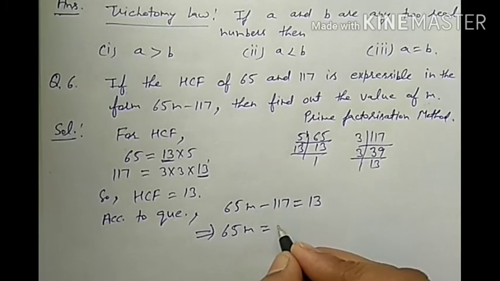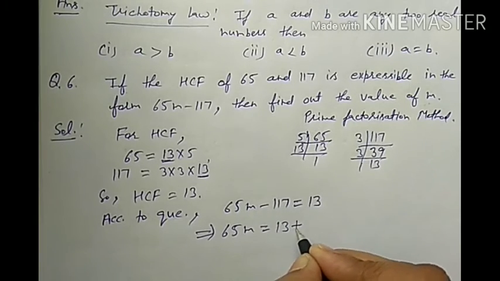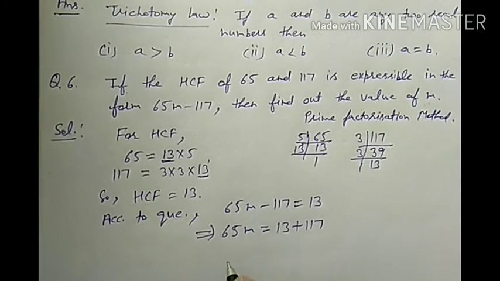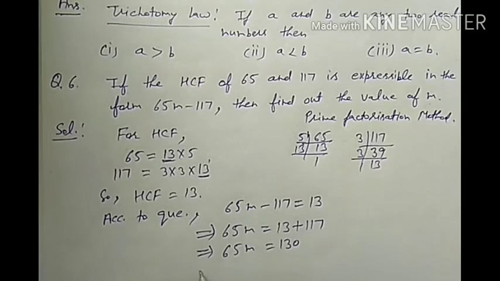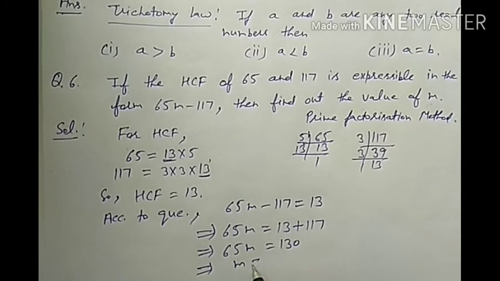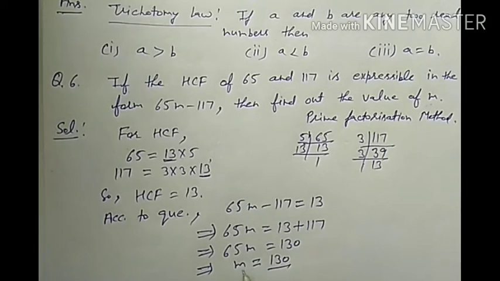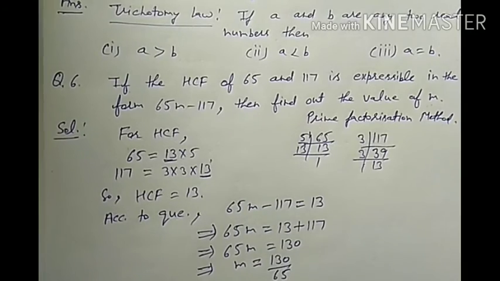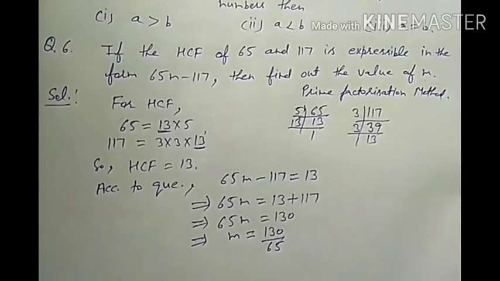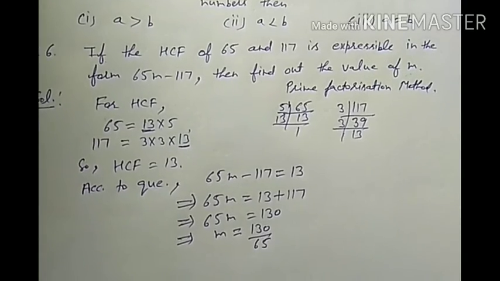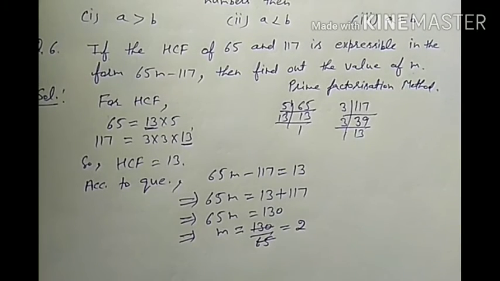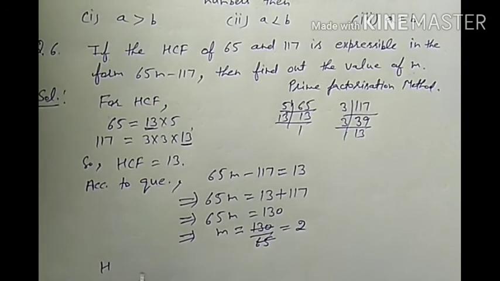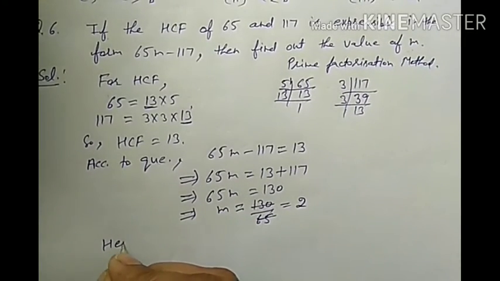So we will take 117 to the right hand side using the transposing method. 65m is equal to 130, and now we will keep m separate on one side, and on the other side 65 will go in division operation. You can see, it is completely divisible, hence m is equal to 2.